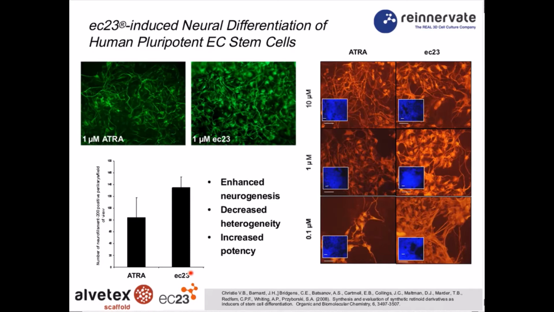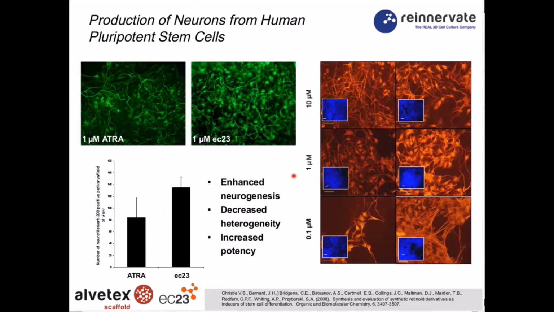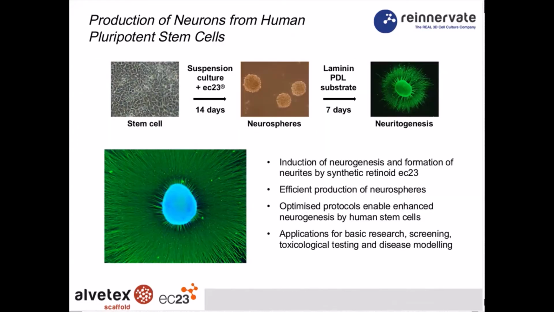So this is the molecule of choice for the work that we are doing, and I am presenting 3D culture going forward. So what we do is we take our stem cells, we add our EC23. Incidentally, EC23 is a commercially available molecule which you can also acquire from Renovate.